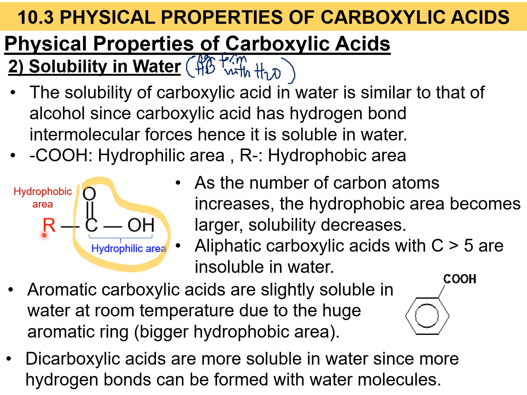Okay, alkyl group kan dia hydrocarbon. Dia consist of carbon dan juga hydrogen. So carbon dengan hydrogen ni dia ada types of intermolecular forces, van der Waals forces. C double bond OH je yang soluble in water just because of the other type of intermolecular forces. Dia apa? Hydrogen bond.